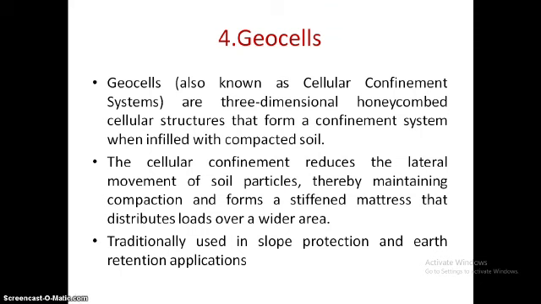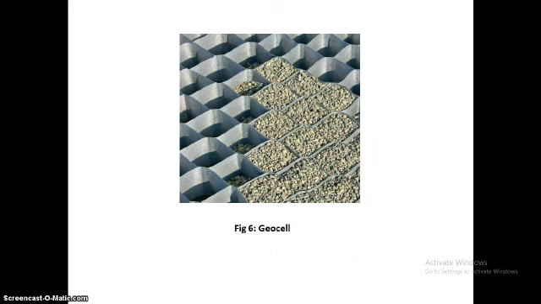The cellular confinement reduces the lateral movement of soil particles, thereby maintaining compaction and forms a stiffened mattress that distributes loads over a wider area. Traditionally used in slope protection and earth retention applications. Figure shows a typical geocell.